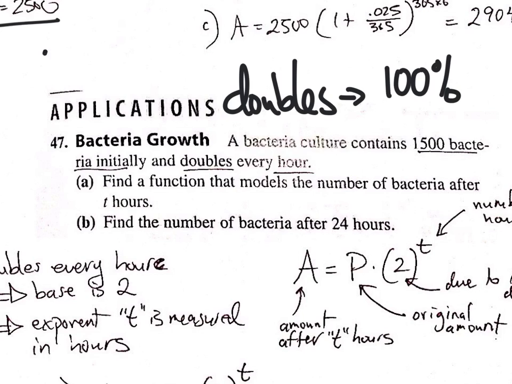If originally there were 4 bacteria, and it doubled, there would be 8 bacteria, so that was an increase of 100%. So what we're using is 2 for the base. In my mind, I thought that would just be super clear when I explained it, but maybe it wasn't. But the fact that it doubles every hour means we can use 2 as the base.